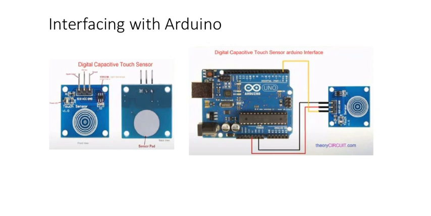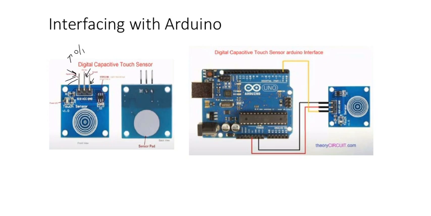The touch sensor looks like this, which has basically 3 pins. This is your ground pin, this is your supply, and this is your analog output. Sorry, it gives a digital output, it does not give analog output. So it gives either 0 or 1: the touch has happened or touch has not happened, right? This is your sensor pad where you are applying the touch.